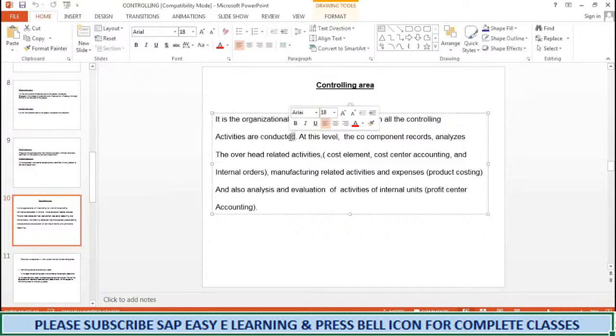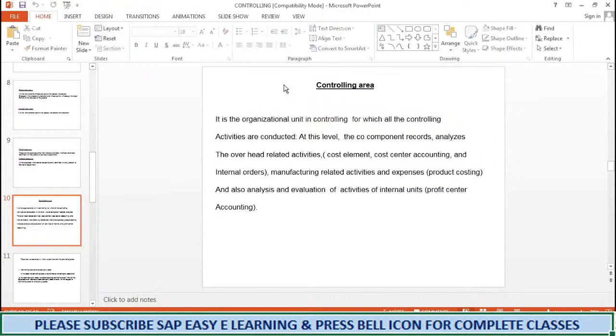It is very similar to company code in FI. In financial accounting, we have configured everything in the company code. But in controlling, we configure everything with reference to the controlling area. So from now onwards, we are going to perform some activities, and all these activities will be performed in one organizational unit. That organizational unit is called controlling area.